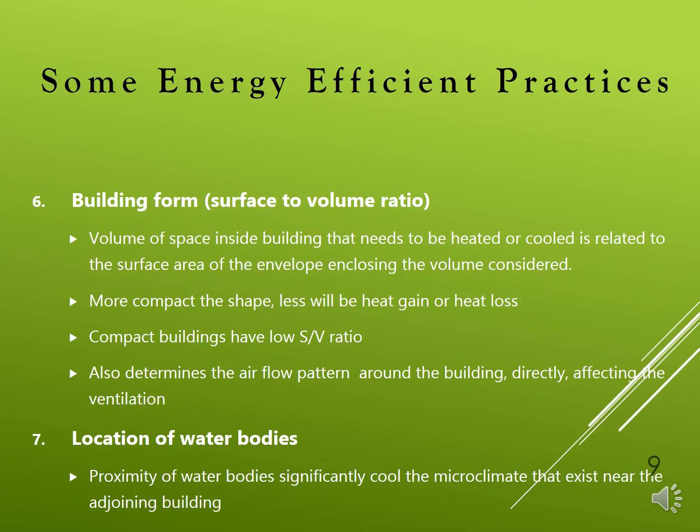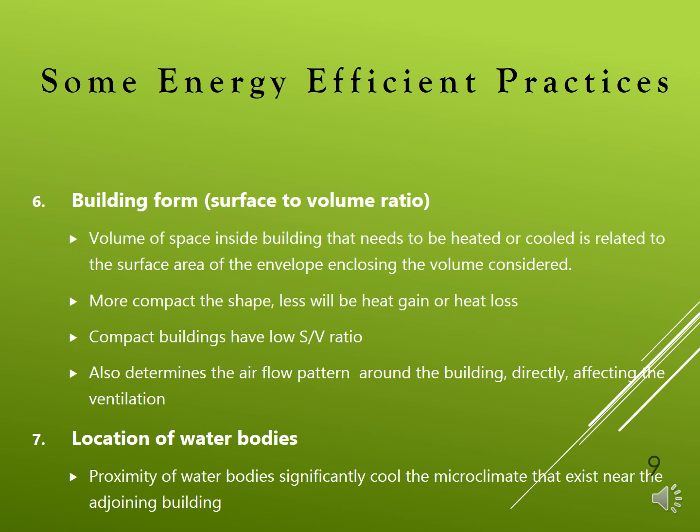Sixth point is building form, the surface to volume ratio. The volume of the space inside the building that needs to be heated or cooled is related to the surface area of the envelope enclosing the volume. The more compact the shape, the less the heat gain or heat loss.